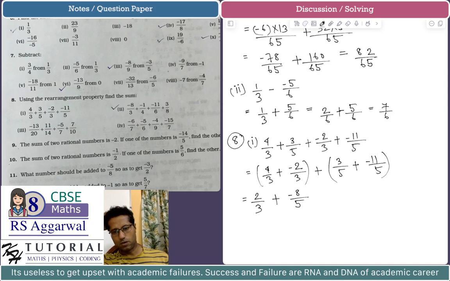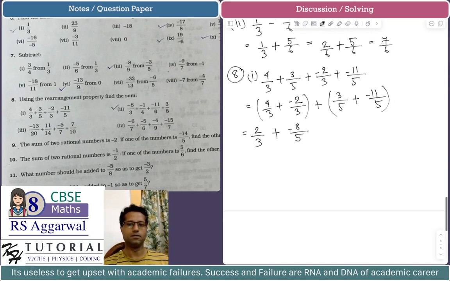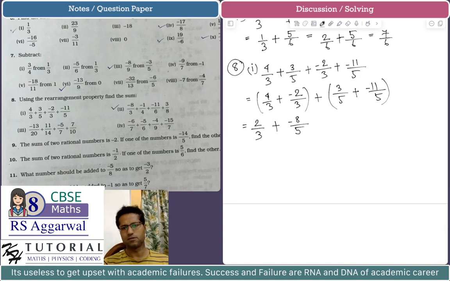Okay. So now we have to do the addition of two rational numbers with different denominators, and we will use the concept of LCM, finding the LCM of the denominators and converting the rational numbers in the addition operation to their equivalent form with the common denominator as the LCM.